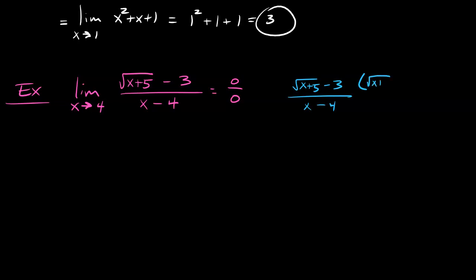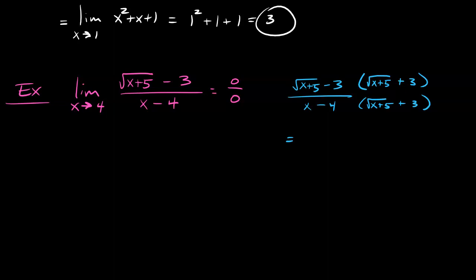I'm going to multiply the top and bottom by square root of x plus 5 plus 3. I'm going to purposely change the symbol in the middle, and the reason I do that is because the top is now a difference of squares. So if I FOIL out the top, that works out nicely.